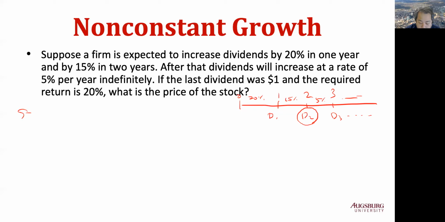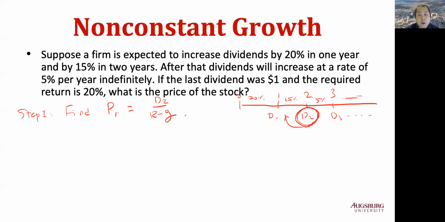And step 1, find the price using this dividend, the first dividend that behaves like the constant growth model. Find the price in the previous period, P1, right? So P1 equals D2 divided by R minus G. This is clearly right because the model only requires that the next dividend will grow at G forever.